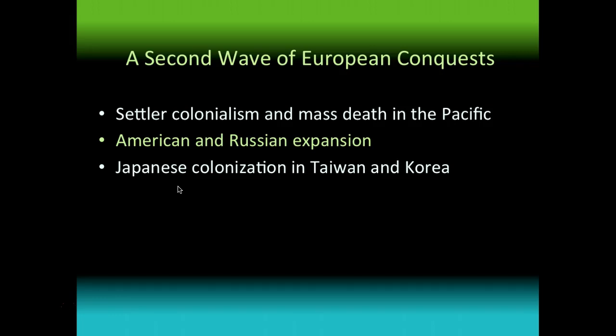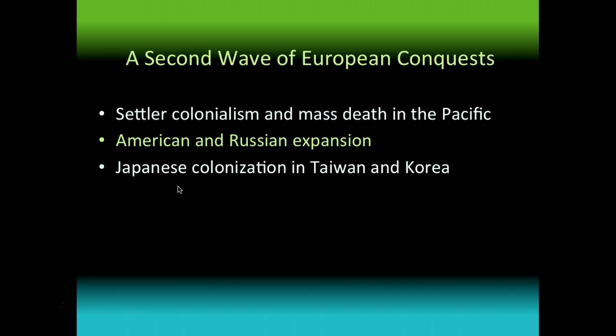cases of colonialism happened. The Japanese colonized Taiwan and Korea in East Asia, and we'll talk more about this soon, but with new industrialized ability in Japan, they flexed their muscle, so to speak, and they annexed the island of Taiwan and the Korean peninsula.